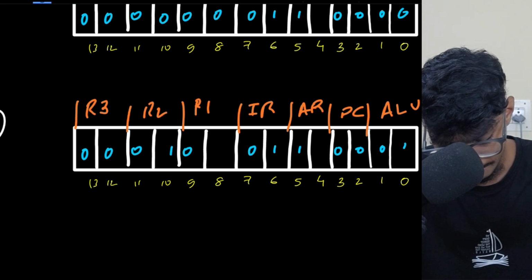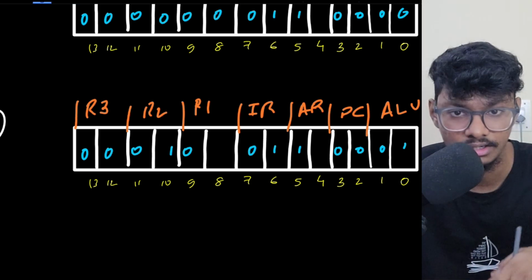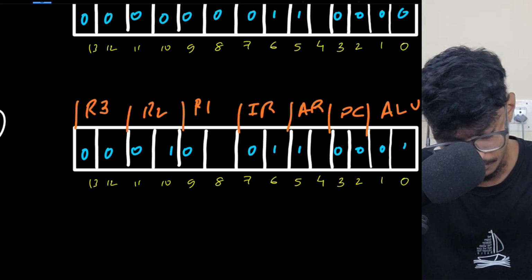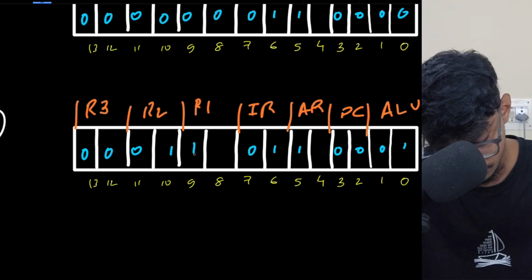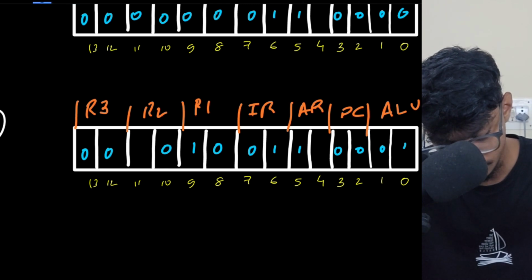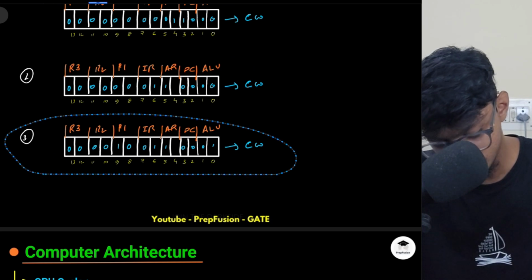R2 will not be on simultaneously. We will store it in some data register, then it will be loaded into the ALU. This will be 1, this will be 0, and R2 will also be 1 in the next cycle.